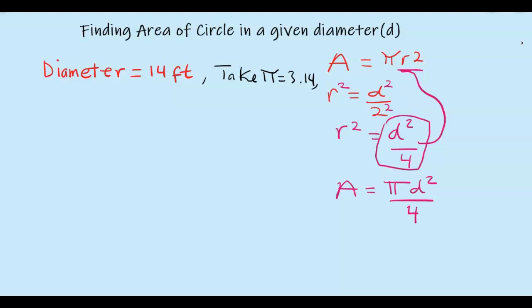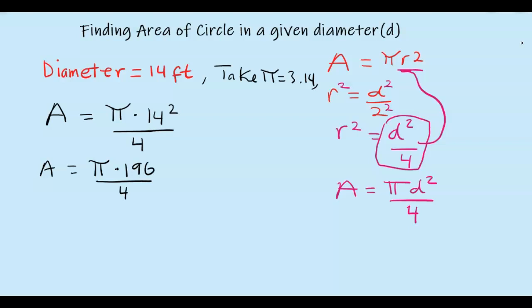So the area for the diameter of 14 is going to be pi times 14 squared all over 4, and that will give us 14 squared is 196 all over 4, which if we divide it that way, 196 divided by 4 will give us 49. We can say 49 pi.